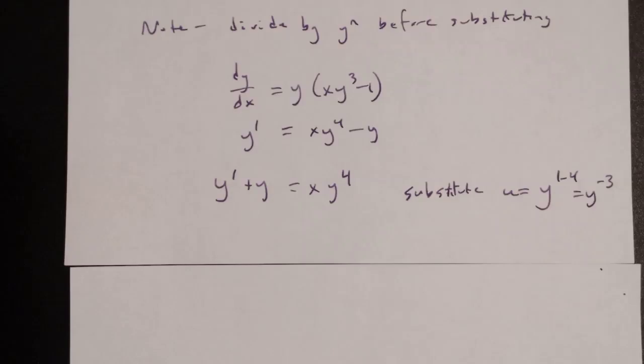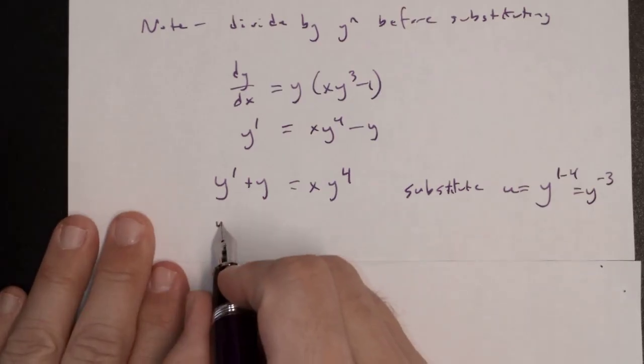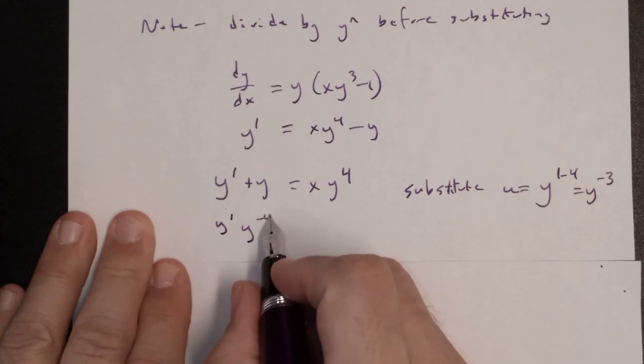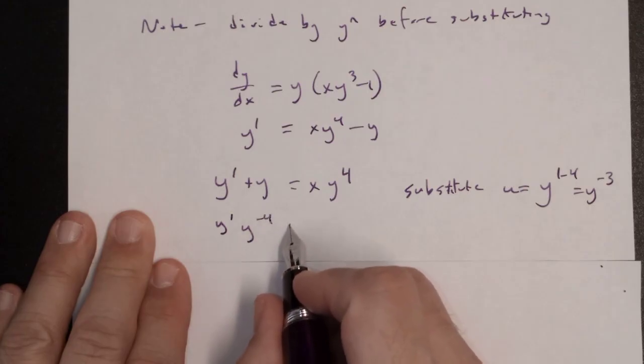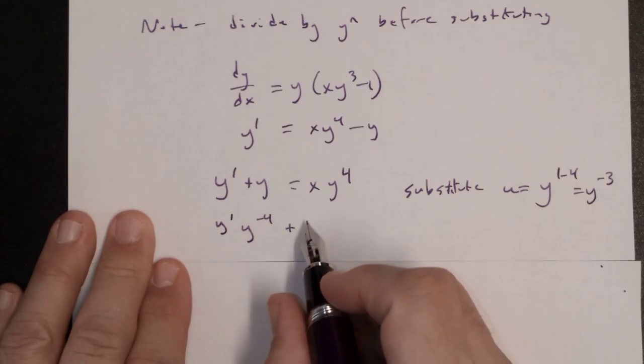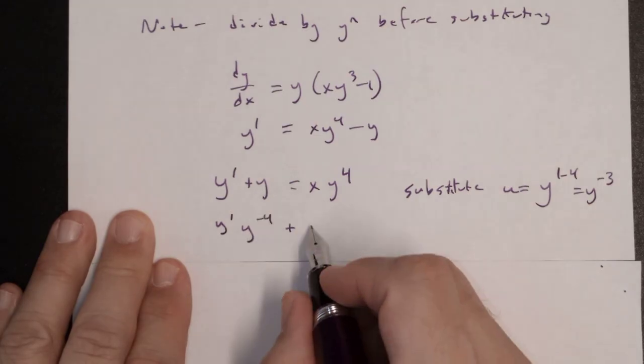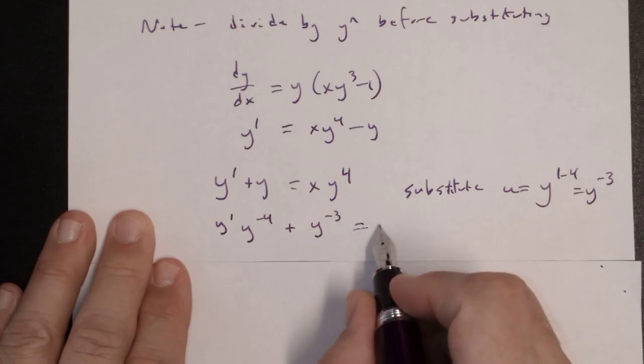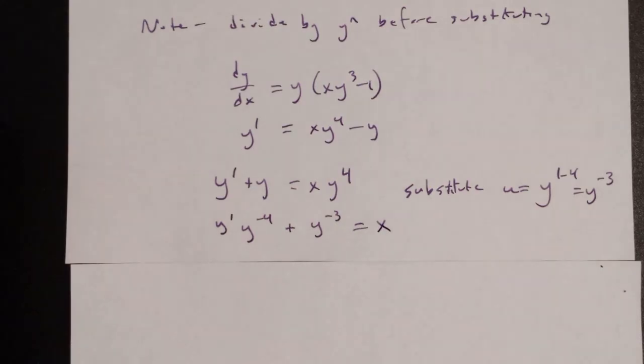But before I do that substitution, I divide by y to the fourth. y prime times y to the negative 4 plus y divided by y to the fourth, which is y to the negative 3, equals x.